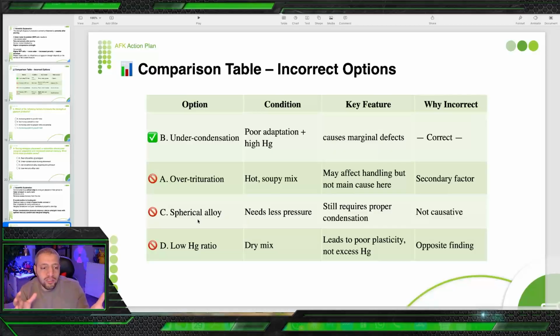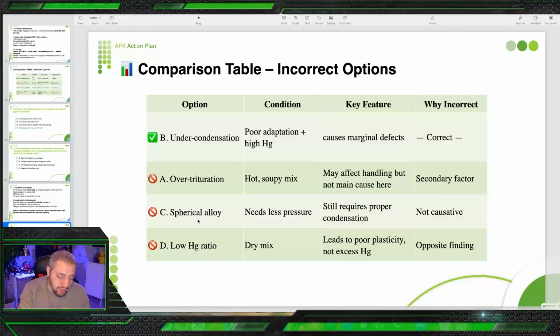If the question tells you, we have a patient, we give him a core now, and we should do crown preparation now, and the question gives you two amalgams, spherical or admixed, what do you think? Spherical: less surface area, less mercury required, less residual mercury at the end after the setting is done. So this will end up with higher physical properties faster. So we are going to pick this one.